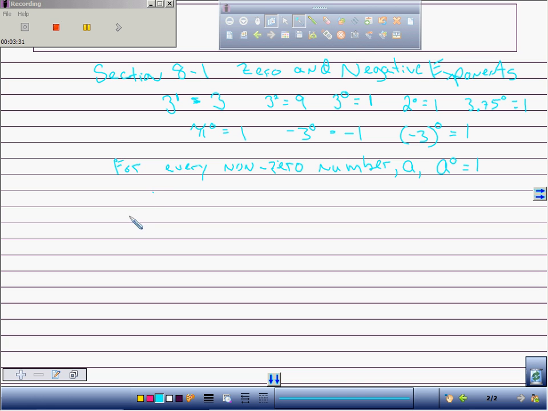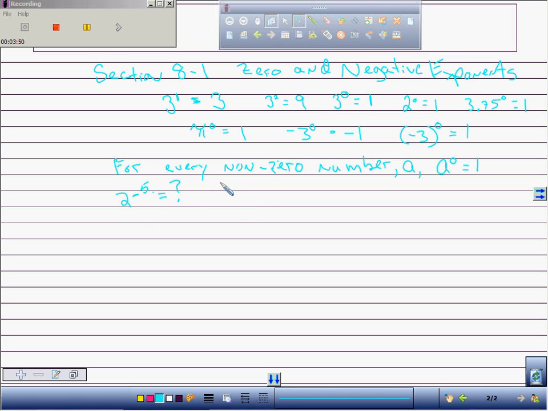Does anyone know what you do with negative exponents? 2 to the negative 5. Anyone know what that's equal to? It's not 25, it's not 32. What this means, okay, if you see a negative exponent, it doesn't mean a negative number.